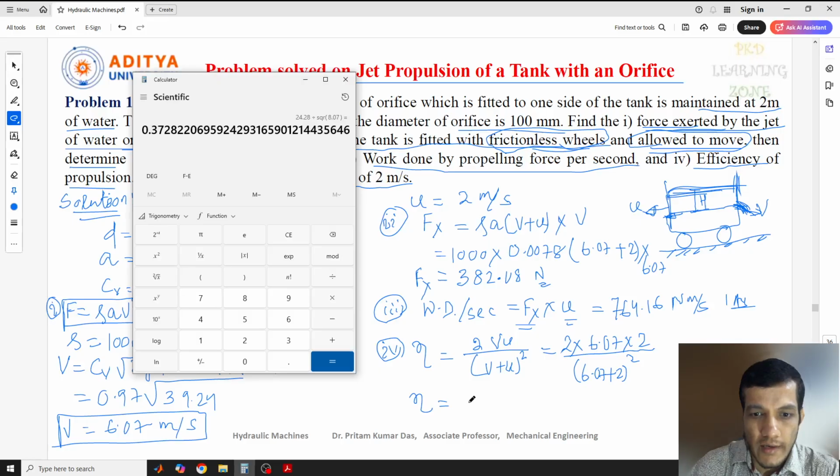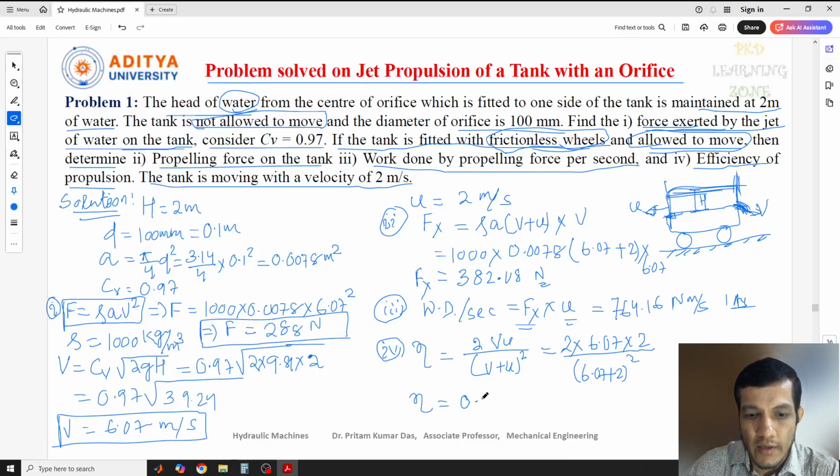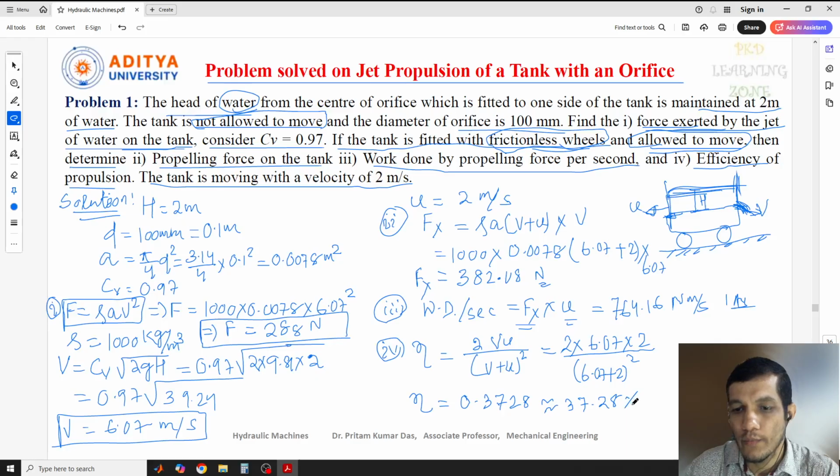So the efficiency is 0.3728, or in terms of percentage, 37.2%. This is the efficiency.